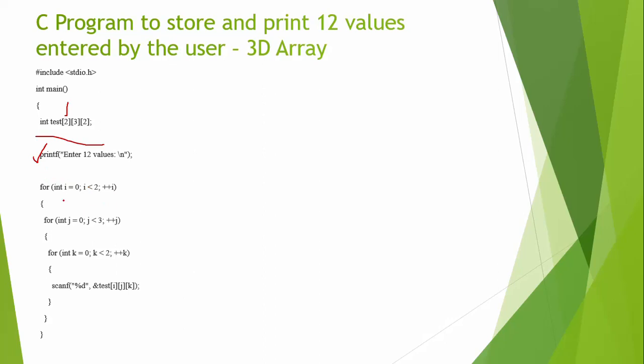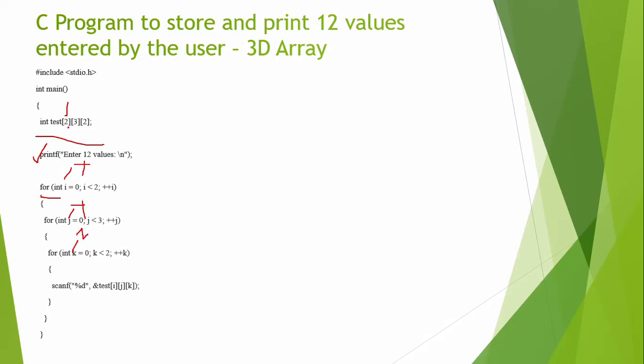For loop is the simplified form of loops, so compared to the other types, it is easy to implement. So i represents the x value, subscript of x. j represents y. k represents z.